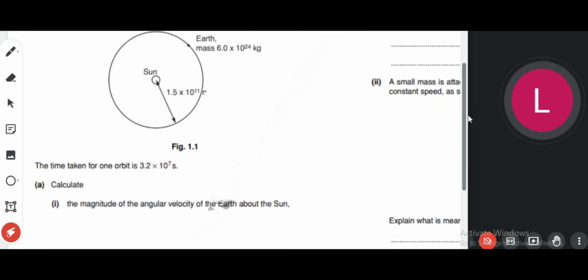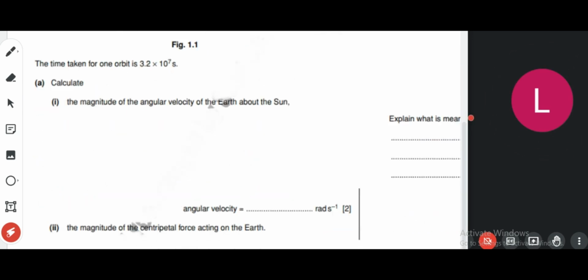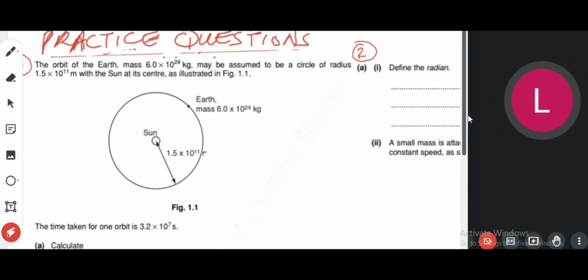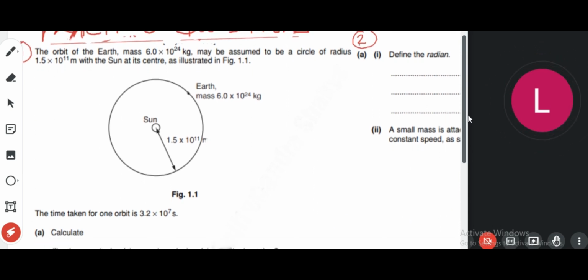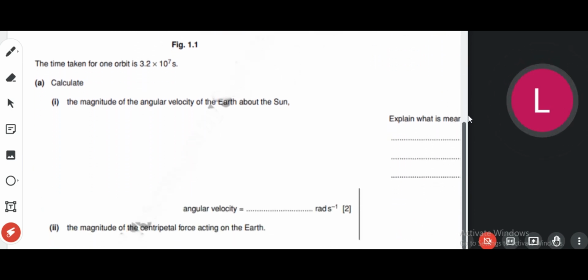The question says the time taken for one orbit is 3.2 times 10 raised to 7 seconds. Calculate, one, the magnitude of the angular velocity of the Earth about the Sun. Two, the magnitude of the centripetal force acting on the Earth. So this is the question, the information given, and you'll be required to find all this.